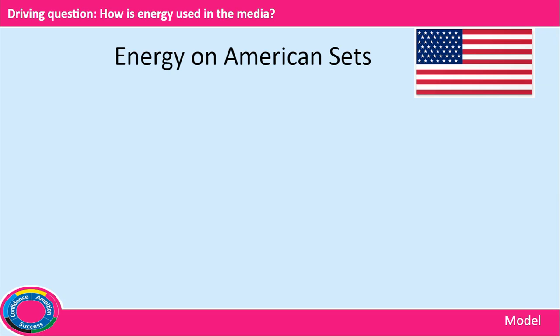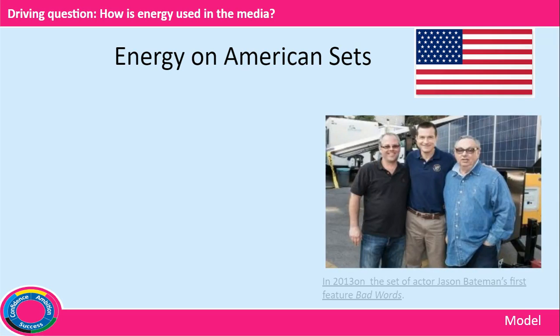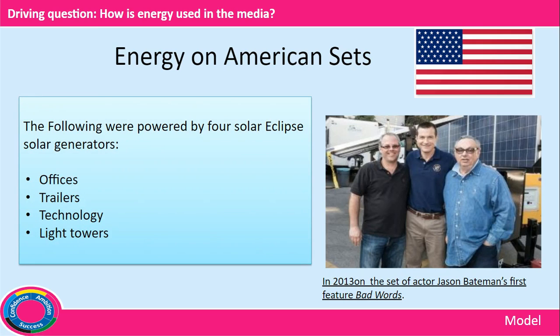Energy on American sets. What you need to realize is that in 2013, on the set of actor Jason Bateman's first feature, Bad Words, the following were powered by four solar eclipse solar generators: the offices, the trailers, technology, lights, everything for this set.